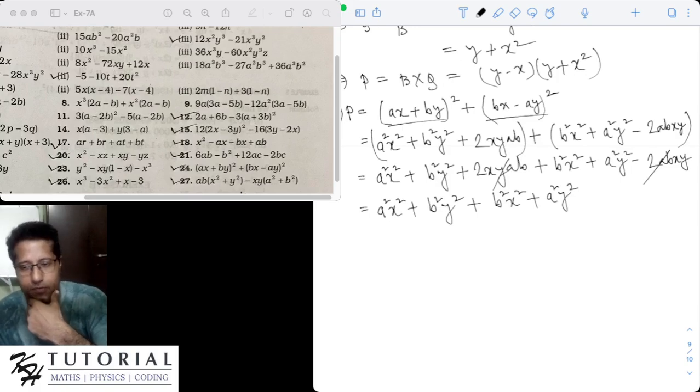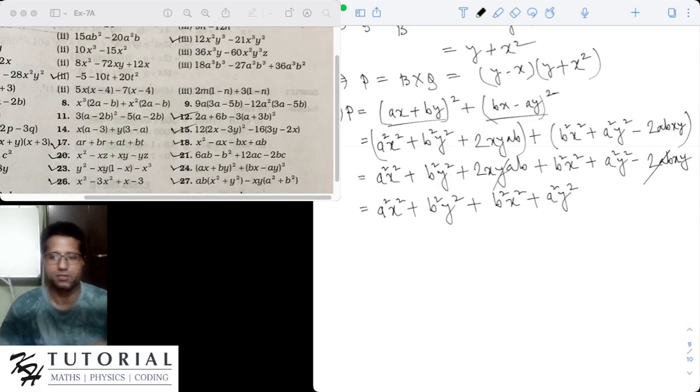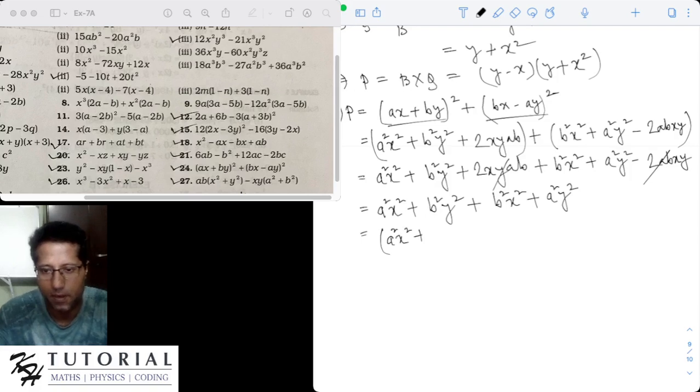So obviously we have to see if we can form groups so that each group will have a common factor. Now if you group a square x square and b square x square, and the second group as b square y square plus a square y square.